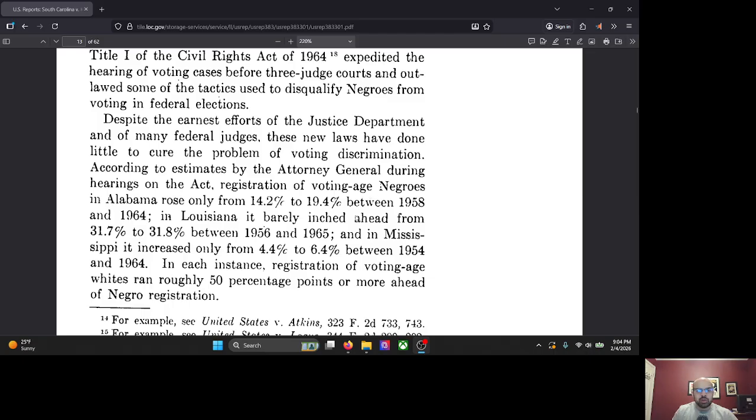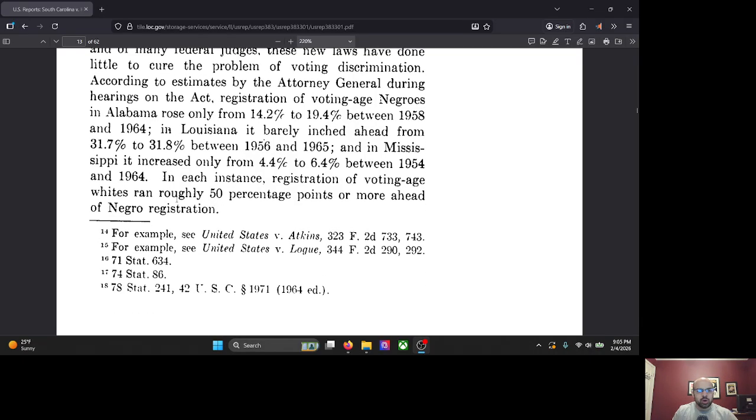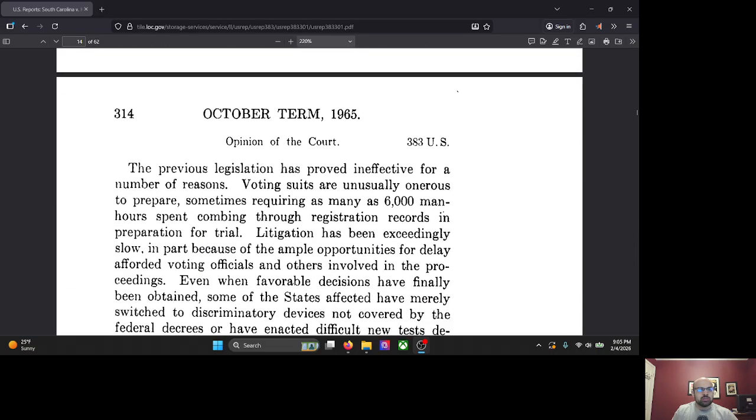In Louisiana, it barely inched ahead from 31.7% to 31.8% between 1956 and 1965, and in Mississippi it increased only from 4.4% to 6.4% between 1954 and 1964. In each instance, registration of voting-age whites ran roughly 50 percentage points or more ahead of African American registration.